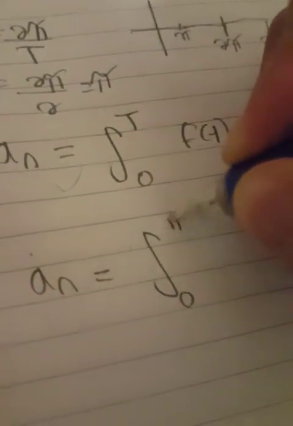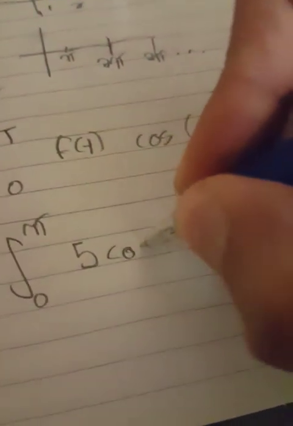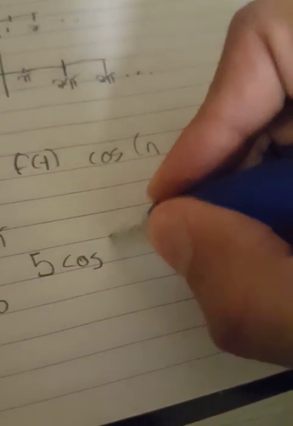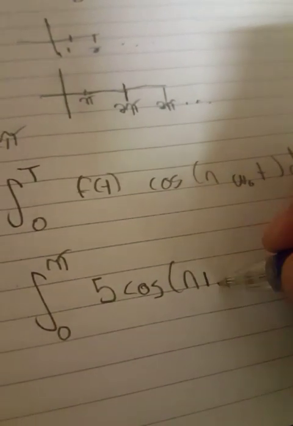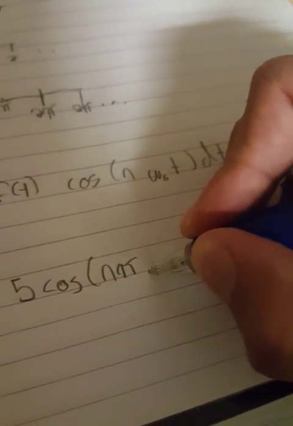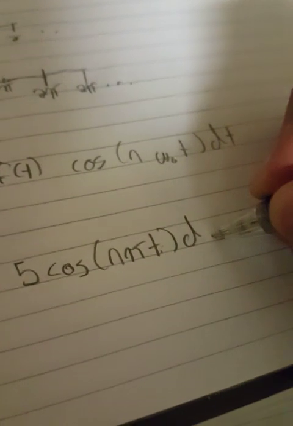So we can go back and rewrite our equation, which is an, and then from 0 to pi, we know our voltage is 5 at this time. So 5 cos of n omega_0 t, which is pi t, dt. We're just going to treat n as a constant when we take the integral.